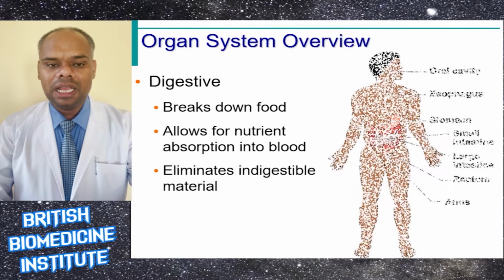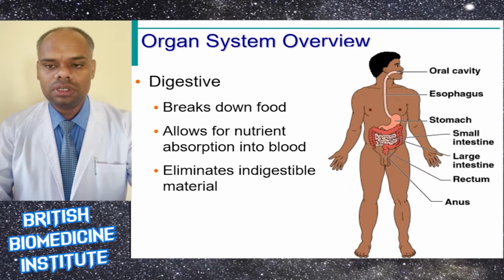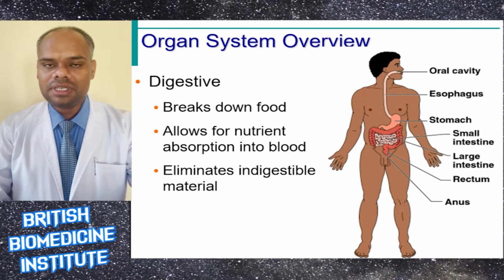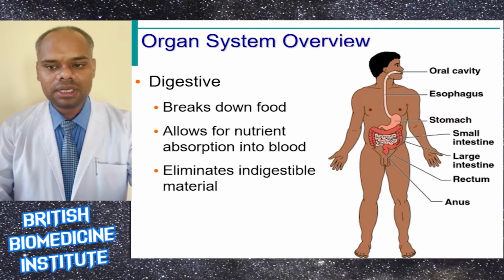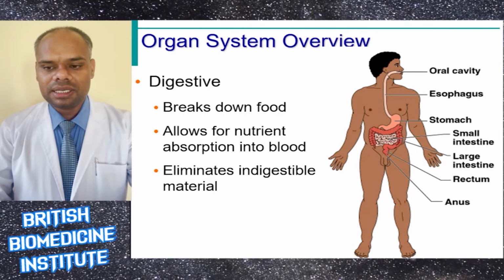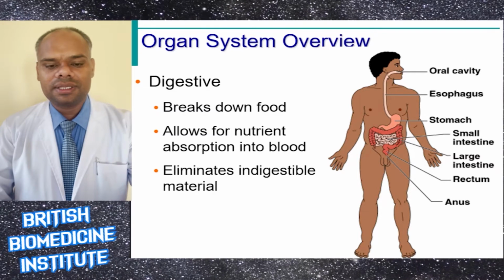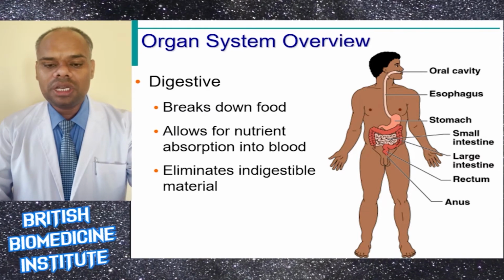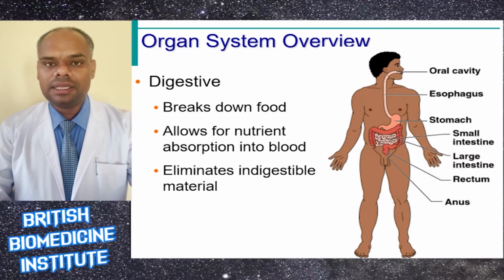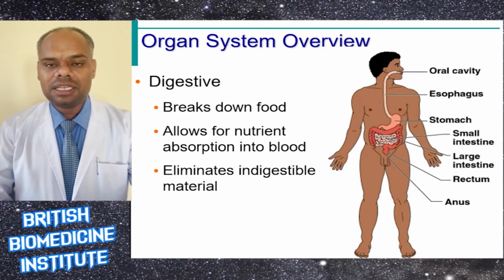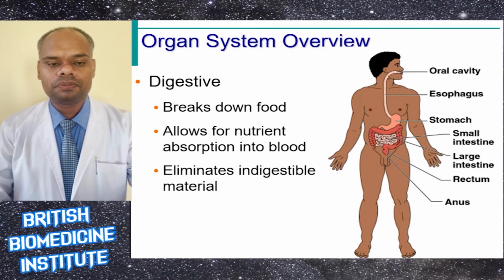The digestive system helps in breakdown of food, and it consists of the oral cavity, esophagus, stomach, small intestine, large intestine, rectum and anus. It allows nutrient absorption into the blood, and it eliminates indigestible materials.